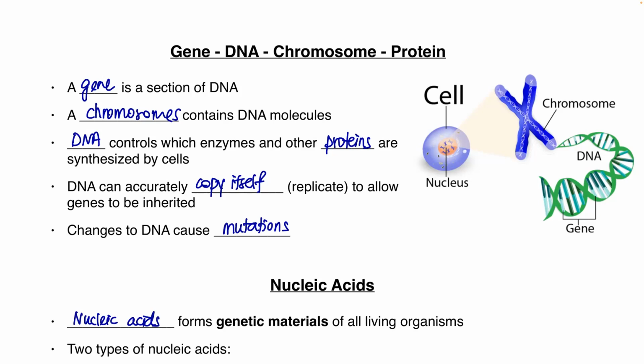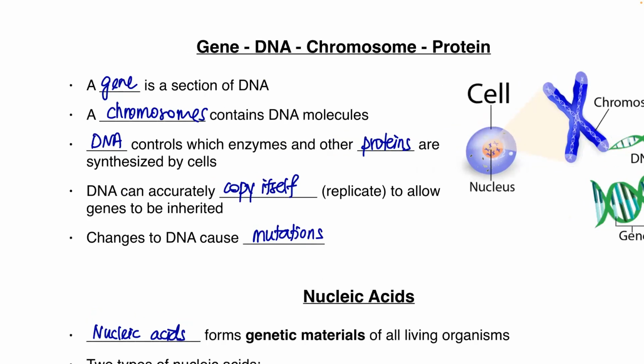If you want, you may also just put it here: a section of DNA which encodes a polypeptide. So when we say gene, basically one gene corresponds to one protein. Hopefully you know that your gene is ultimately the information for synthesizing protein.